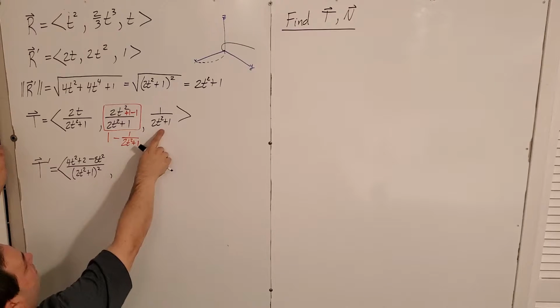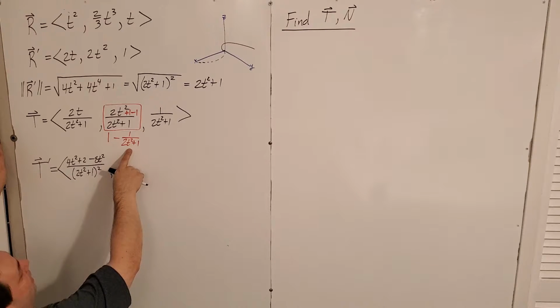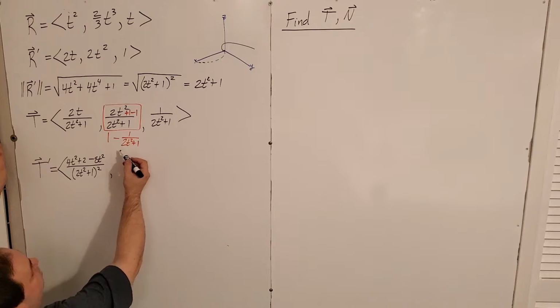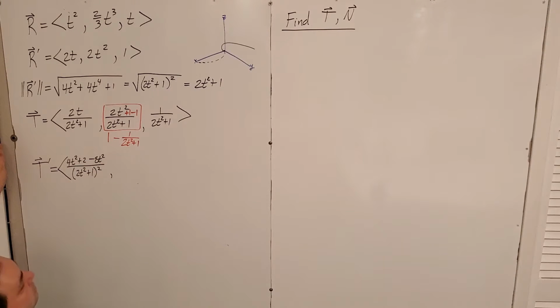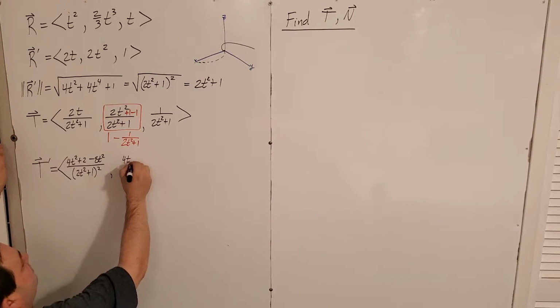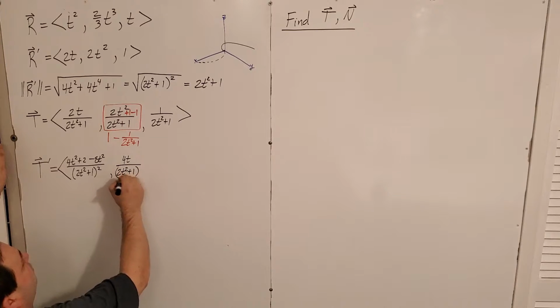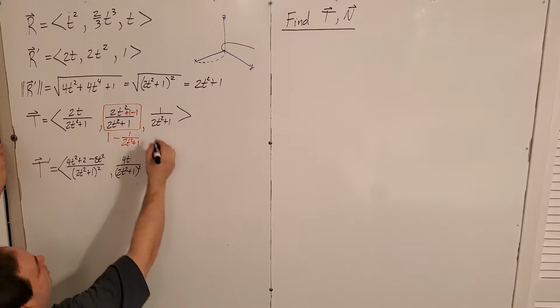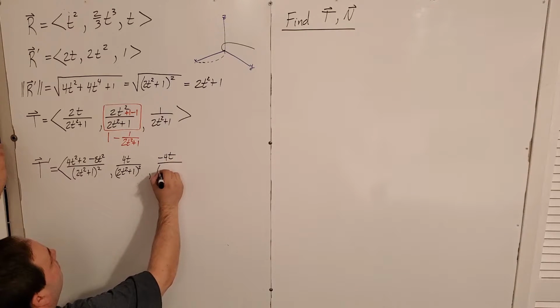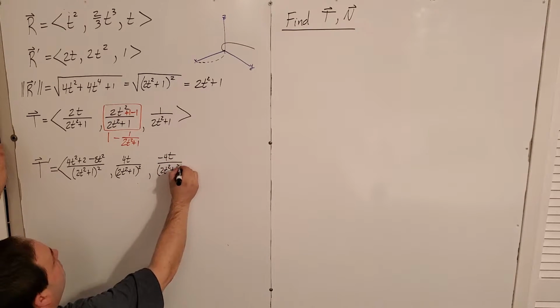So the derivative here I can do just with a chain rule using the 2t squared plus 1 to the negative 1 power. Okay, so all I'm going to get is 4t over 2t squared plus 1 quantity squared, and over here the negative 4t over 2t squared plus 1 squared.